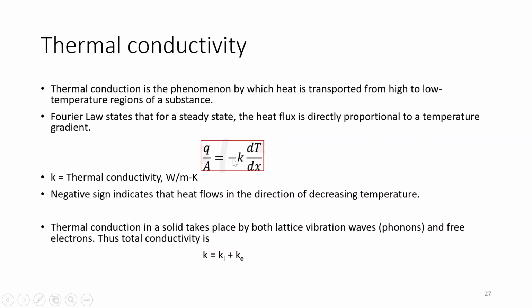The negative sign indicates that the heat flow is in the direction of decreasing temperature. Thermal conduction in a solid takes place by both lattice vibration waves, phonons, and free electrons. Thus total conductivity can be given as the addition of conductivity because of lattice vibrations and because of electrons.